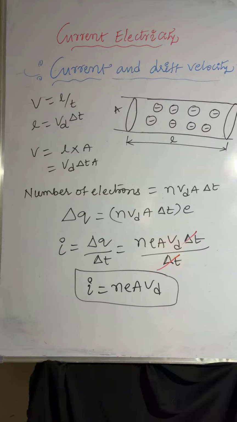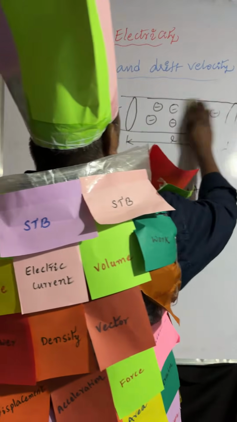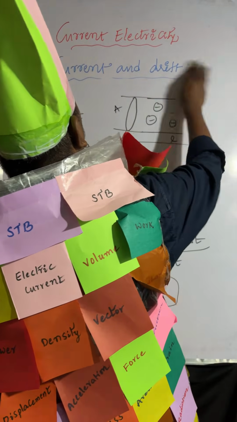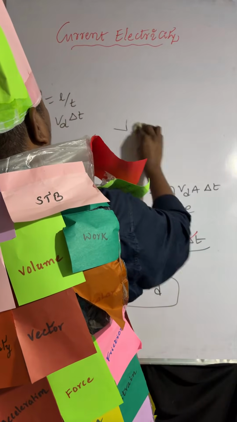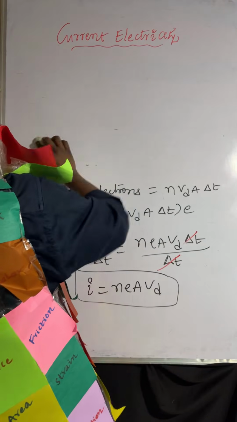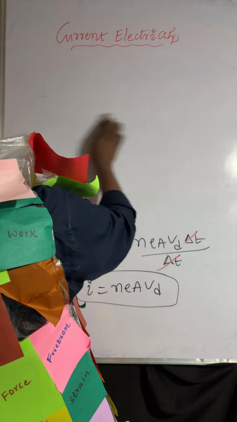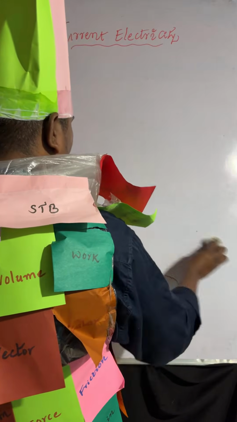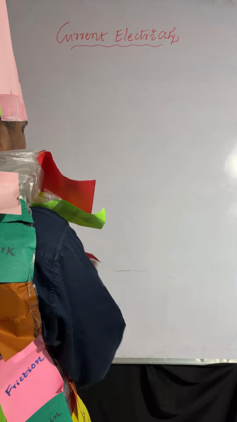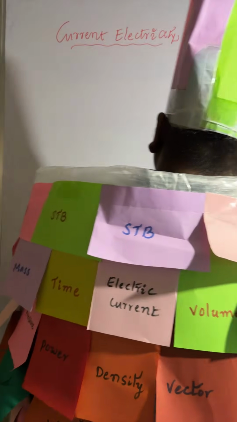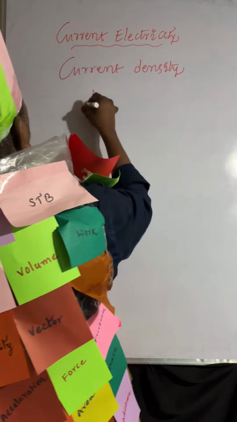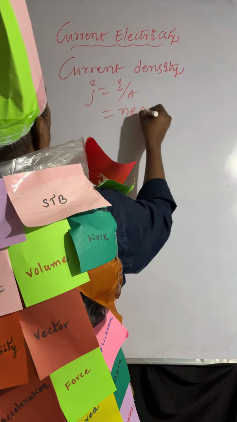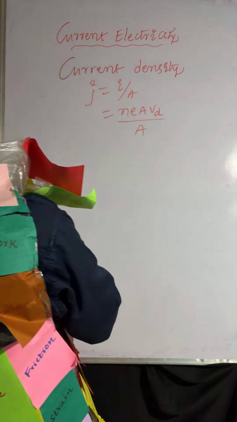Current density. Current density is N e A V_d, right? Current density J equal to I by A. So N e A V_d by A. So A gets cancelled.